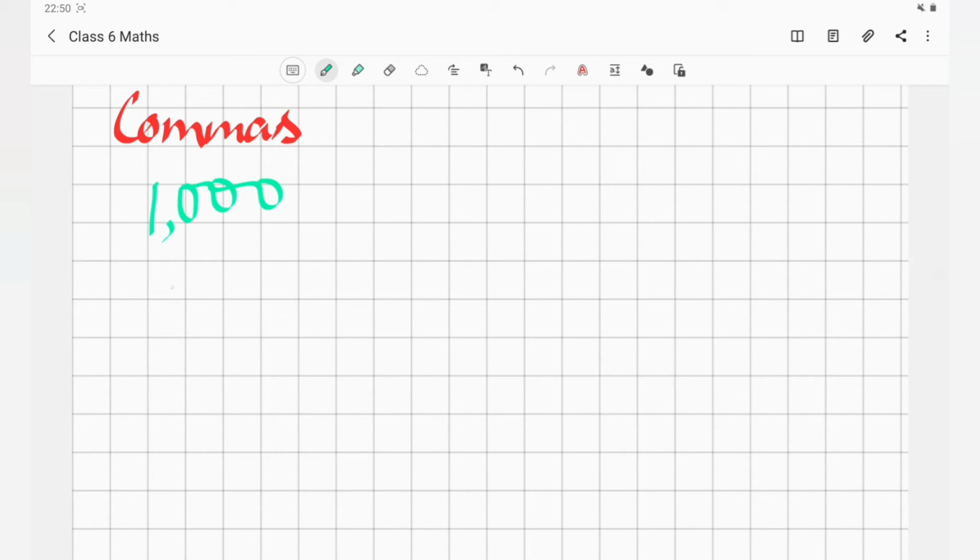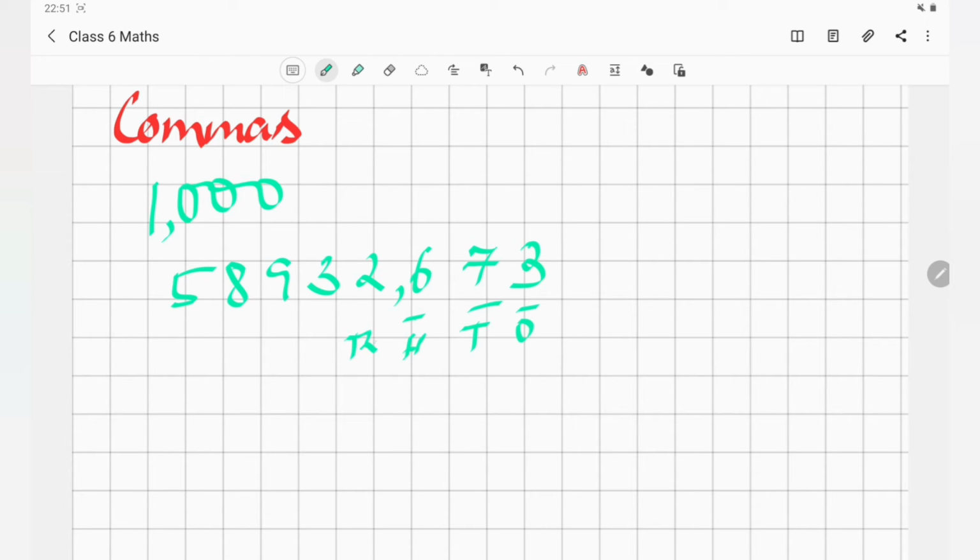Let us say there is a random number 58932673, right? So I'll first mark the 1000, which is here after 3 digits: ones, tens, and 100, and between 100 and 1000, I'll place the first comma.